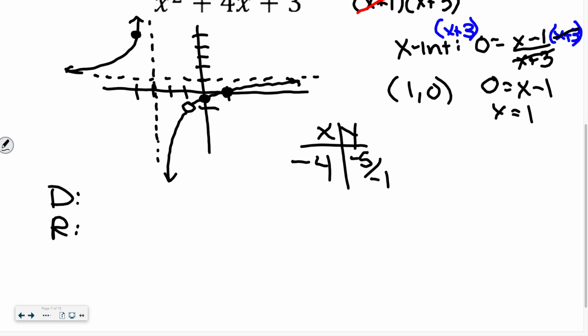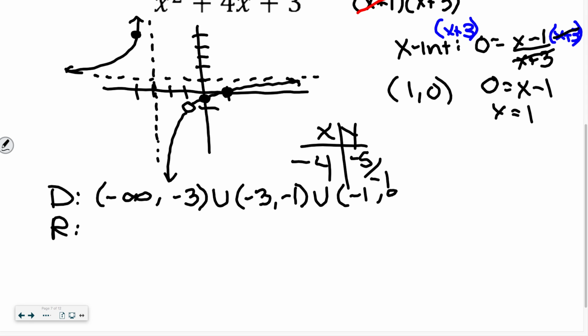So the x-coordinate of the hole and the vertical asymptote are going to restrict my domain. So I would write it: negative infinity. What am I going to meet up with first? Negative 1 or negative 3? Negative infinity to negative 3 in union with negative 3 to negative 1 in union with negative 1 to infinity. I'm going to have 3 sections.